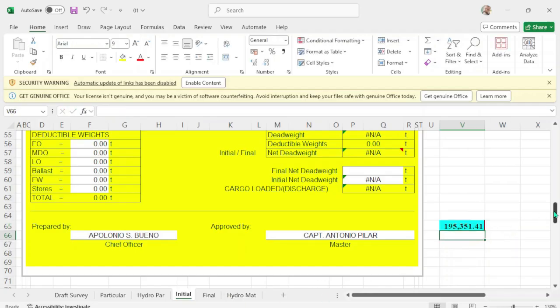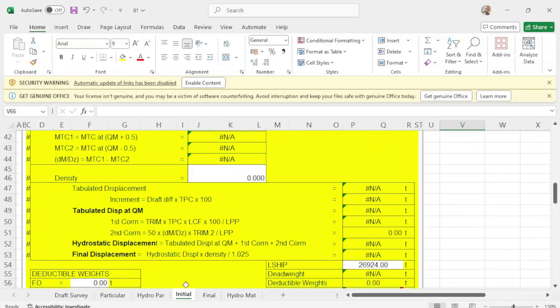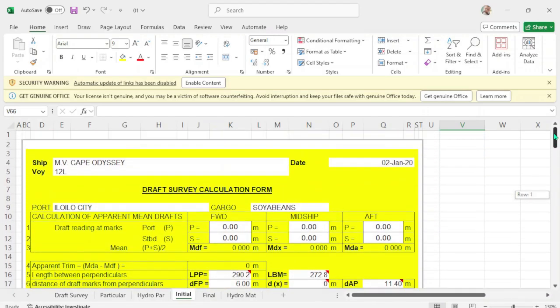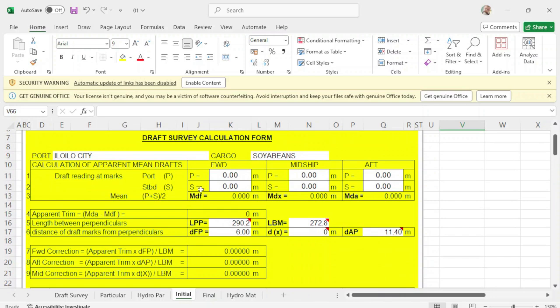So again, we put the same draft. This, take note, this is the initial, and I will put the draft here. This is another form of draft survey. 7.88, 7.96.